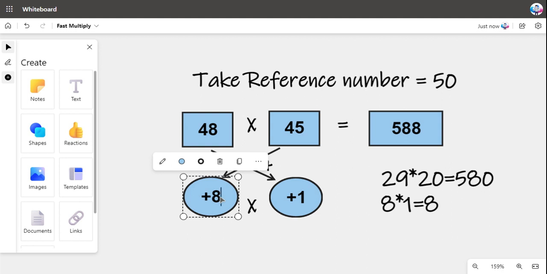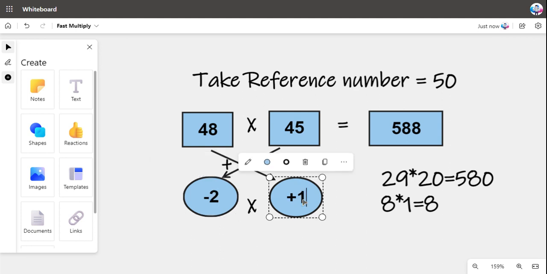By comparing these numbers with our reference number, they are smaller than the reference number. So 50 minus 48 is a difference of two, and it is smaller, so I am going to put minus 2. And same here, it's a difference of 5, so I am going to put minus 5.